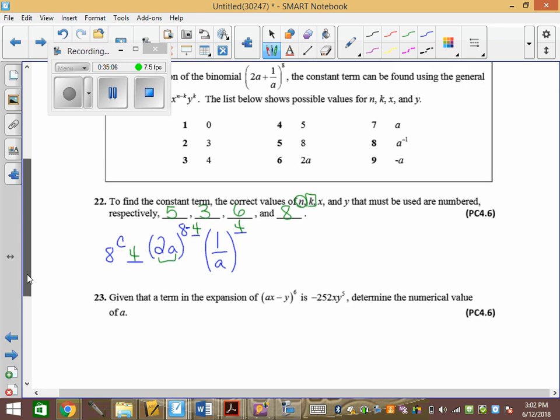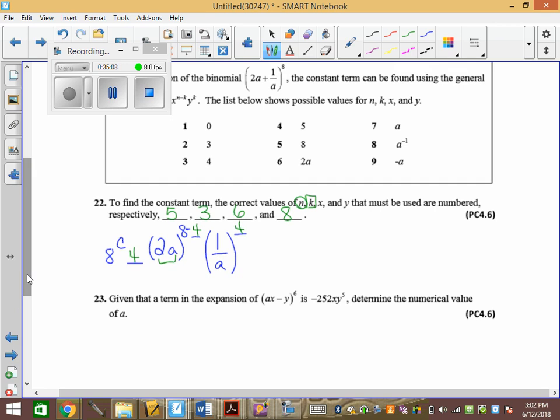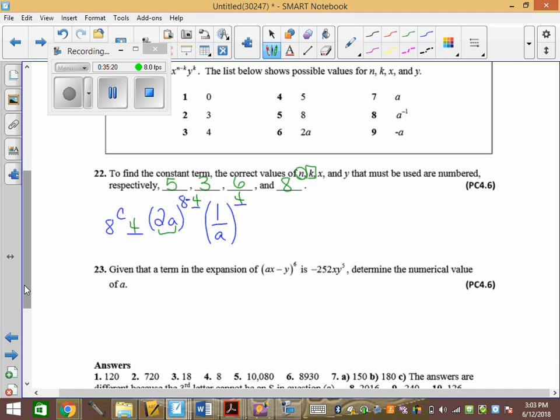Okay, this is the last type of binomial that they throw at you. So given that a term in the expansion of ax minus y to the 6 is negative 252 xy to the 5, determine the numerical value of a. So we know this is x. We know this is y. We know this is n.